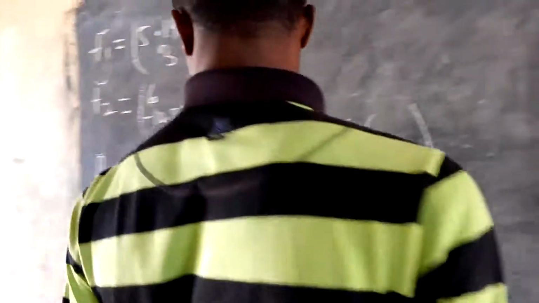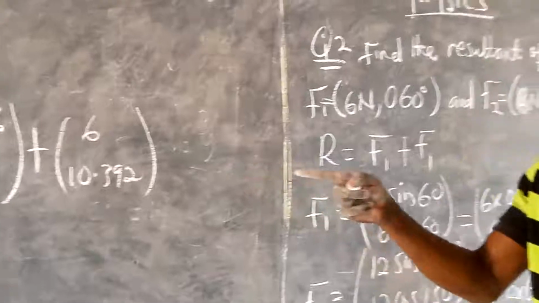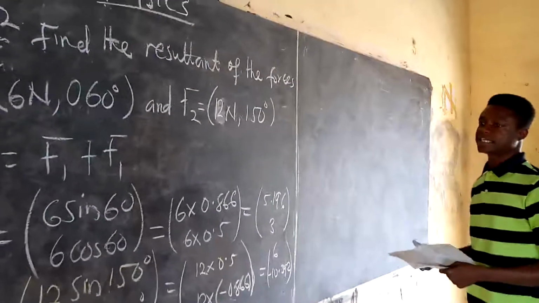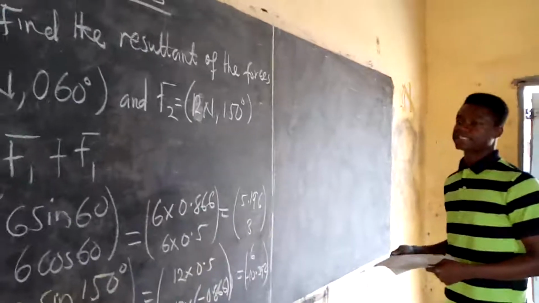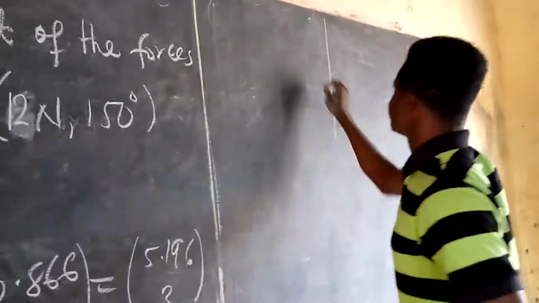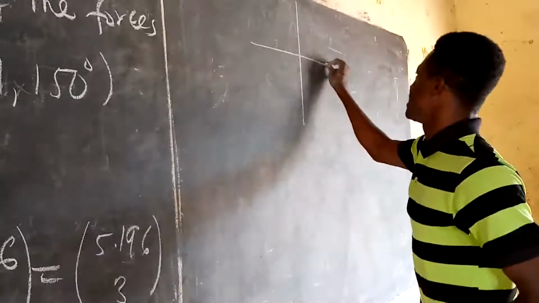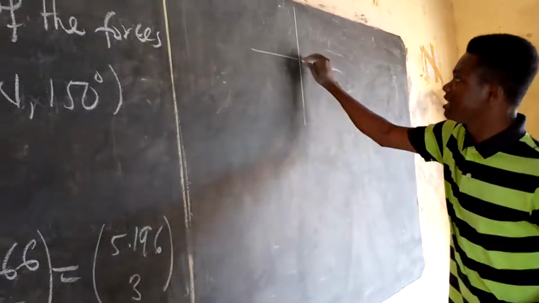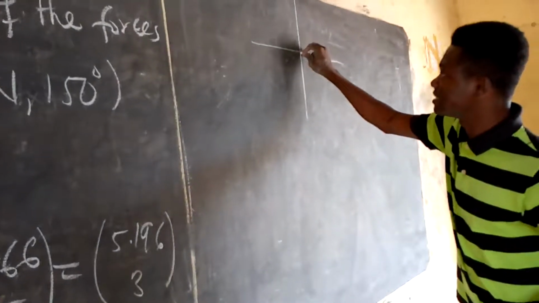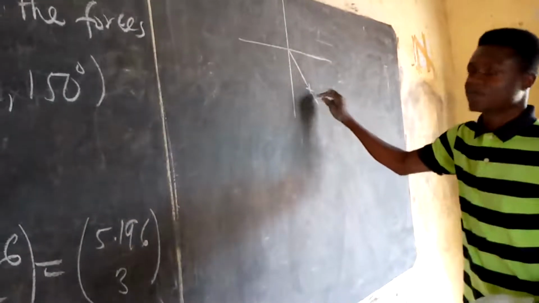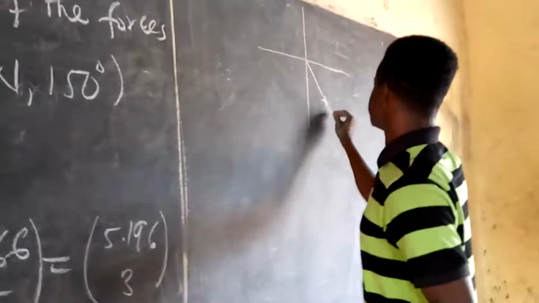Okay, so our x component is 11.196 and our y component is minus 7.392. We use the Cartesian plane to locate our x and our y. Our y is negative and our x positive, meaning it is in the fourth quadrant. So our resultant, which is R, is here.